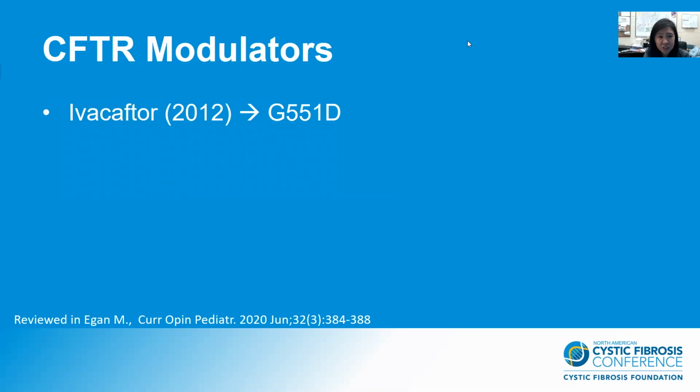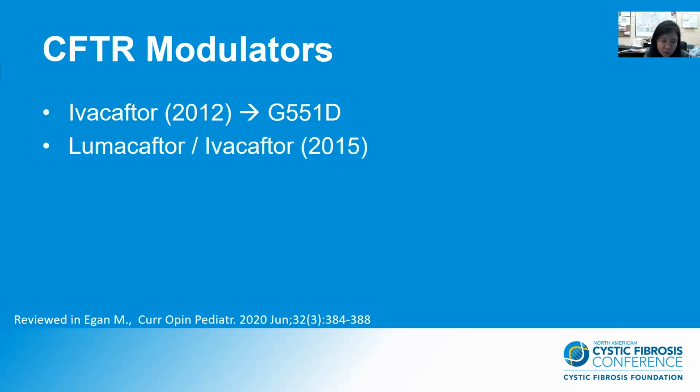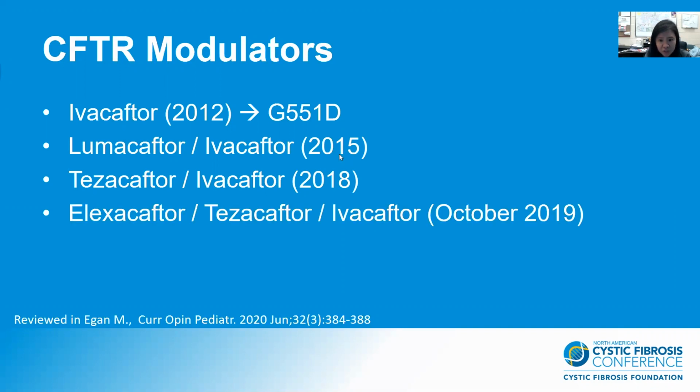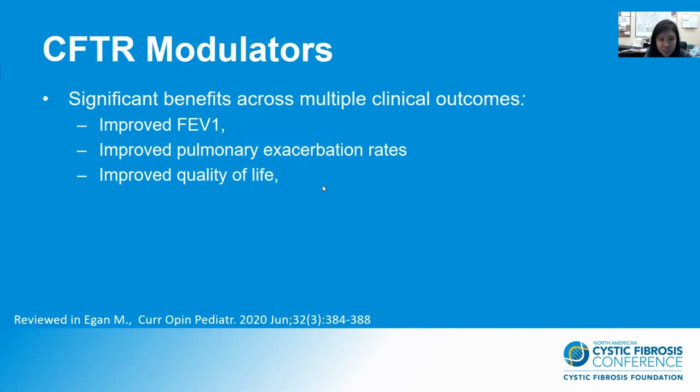So ivacaftor was introduced for G551D in 2012 for a small proportion, about 4% of the entire CF population, quickly followed by lumacaftor or tezacaftor combination therapy, which is a corrector and potentiator combination, and then followed by triple therapy introduction in October of 2019.